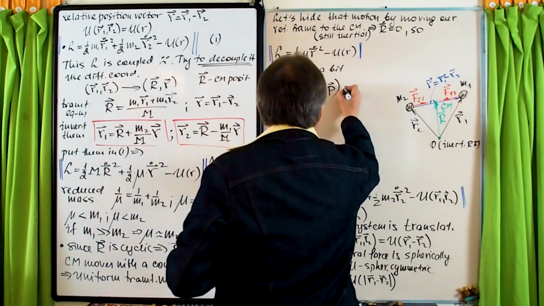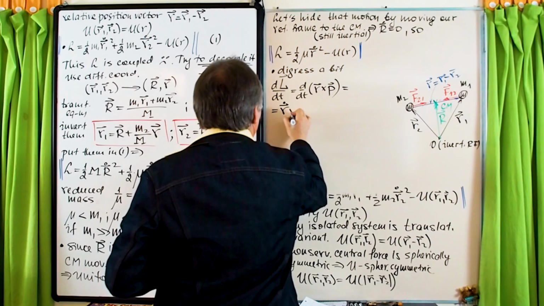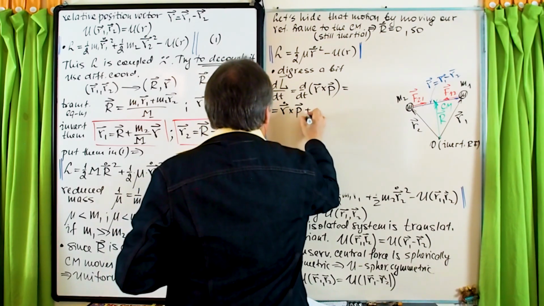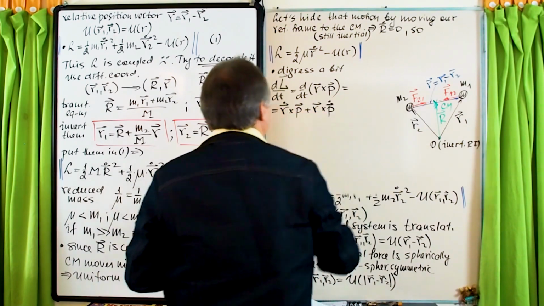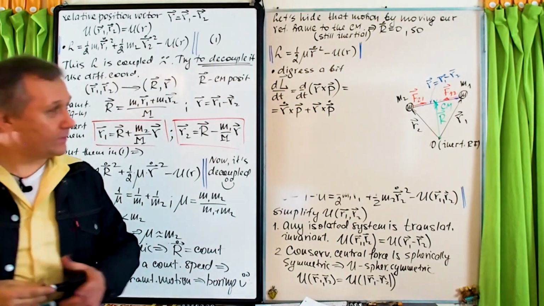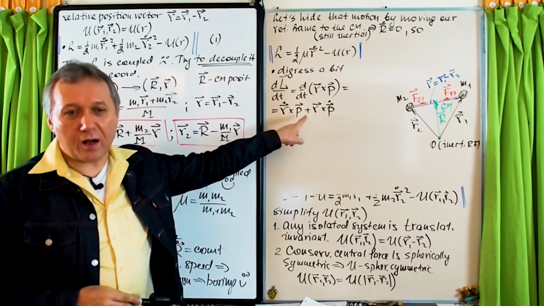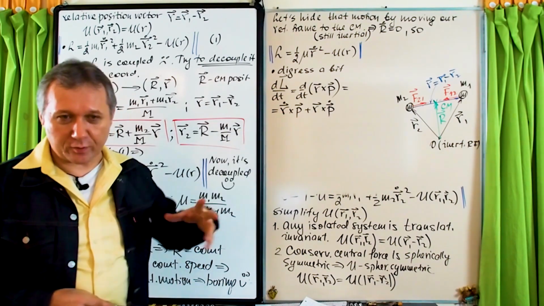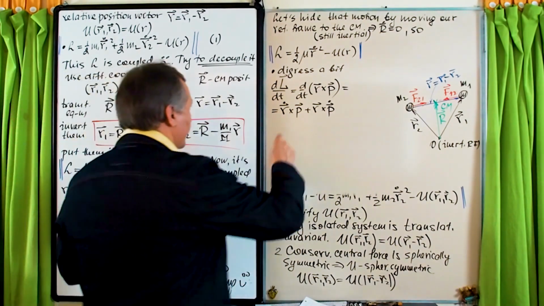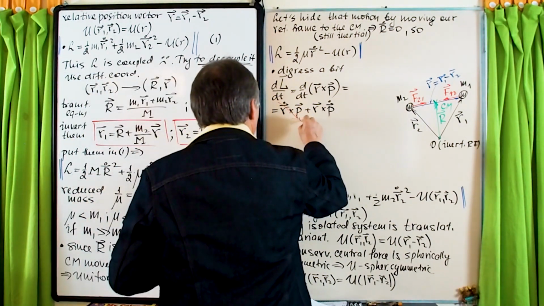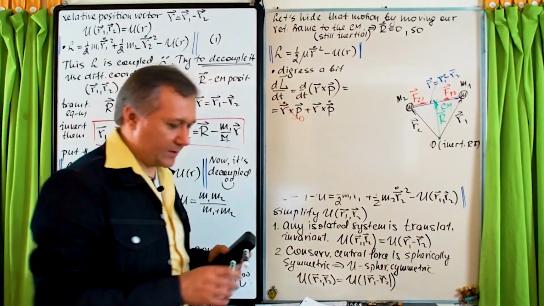So, of course, we can differentiate this. Of course, we will get r dot cross p plus r cross p dot. So the first term, r dot, here inside p, it's mu r dot again. So the cross product of two collinear vectors is 0. We used it in chapter 3, I think, similar.